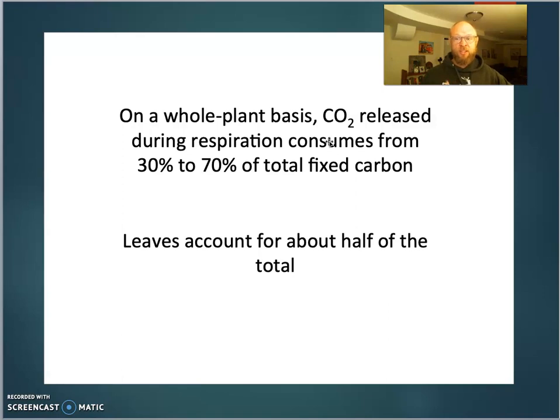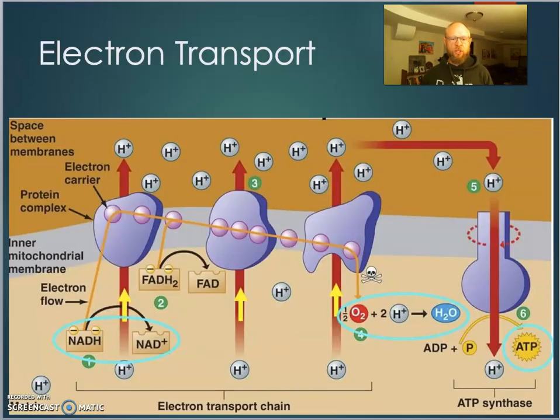So that represents 30 to 70% of the carbon it took in that can't be used to build new tissues, that just goes to producing this energy to support the basic physiological processes in plants. And a lot of that respiration occurs in the leaves, a lot in the roots, and then less in the stem.